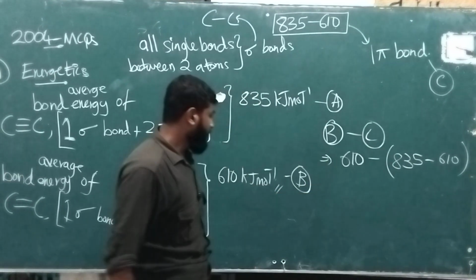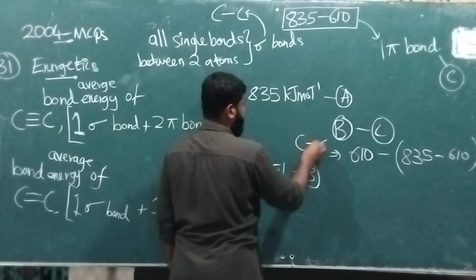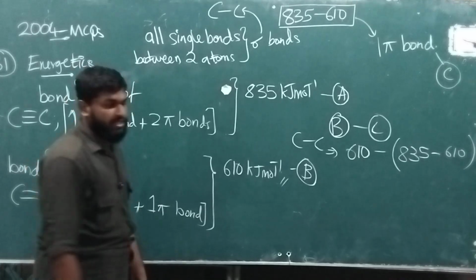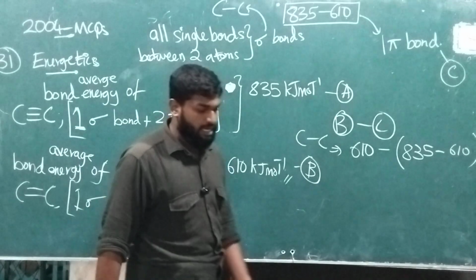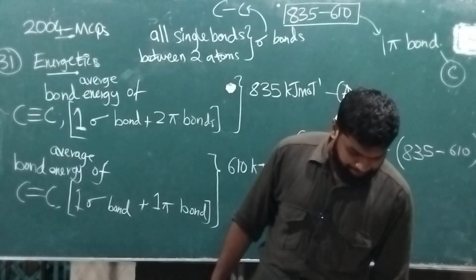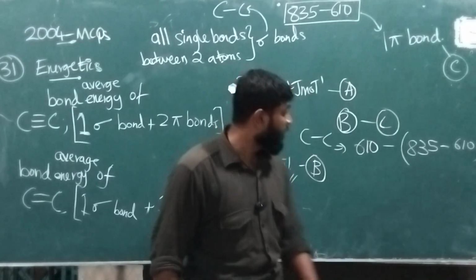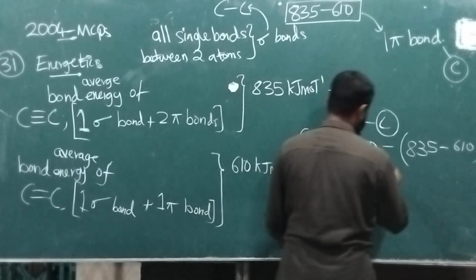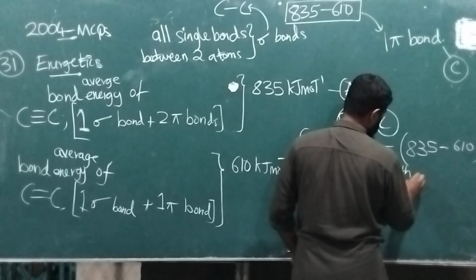This is going to be the energy for C-C, the sigma bond that we have in our question. So what can be the answer? They have given the answer as the 4th option. 4th is the answer here.